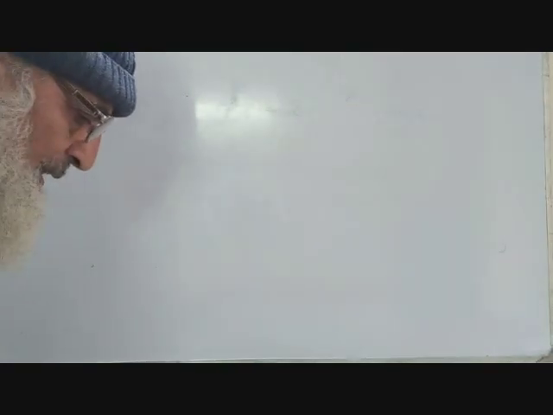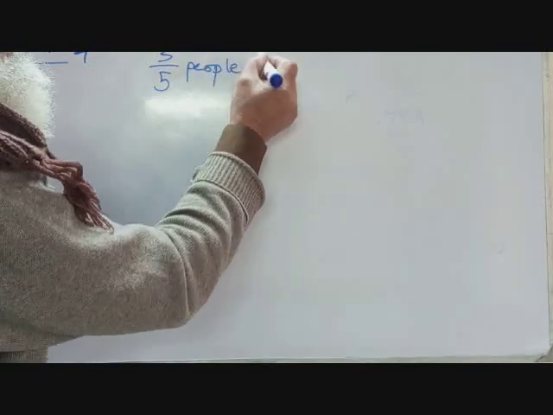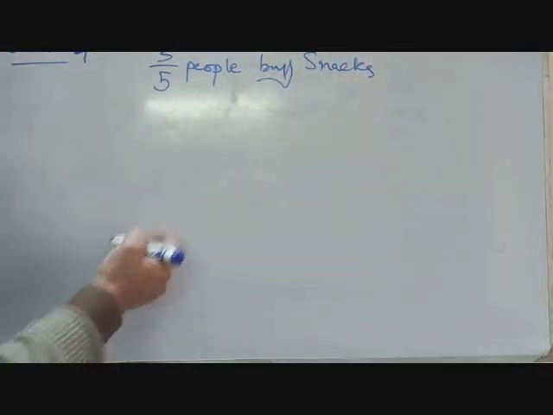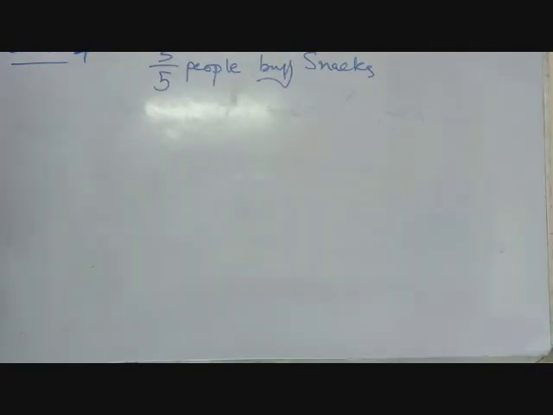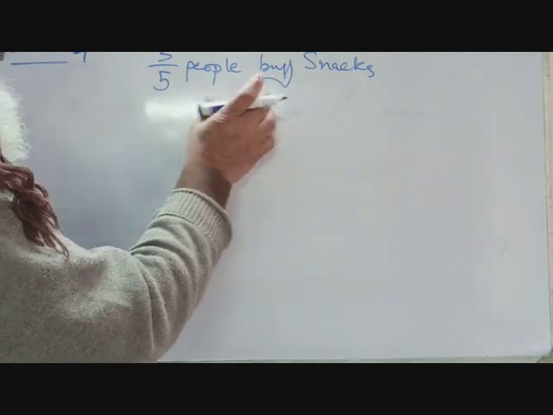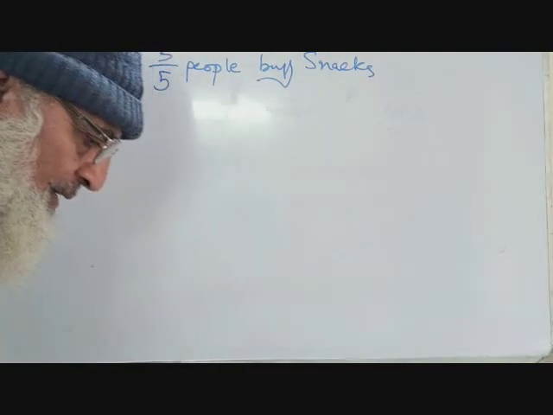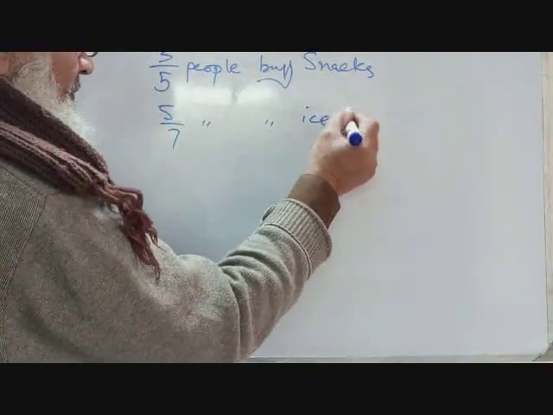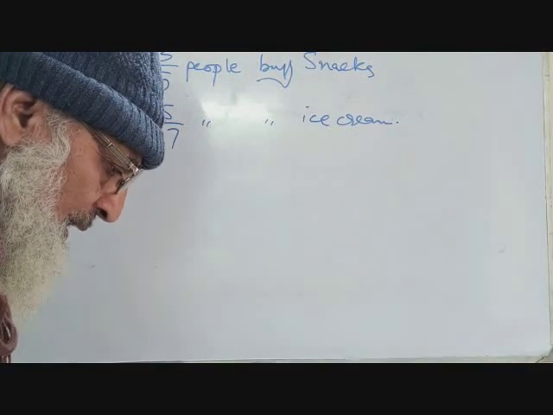The question says 3 by 5 people buy snacks, and out of these 3 by 5, suppose there are 100 people in the cinema house, whatsoever it is, 5 by 7 people buy ice cream. What fraction of the people in the theater buy ice cream?